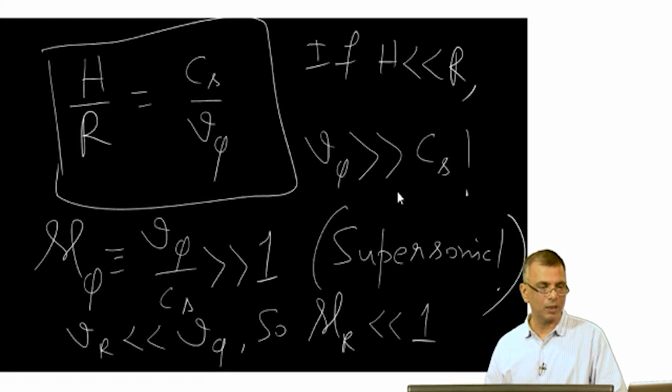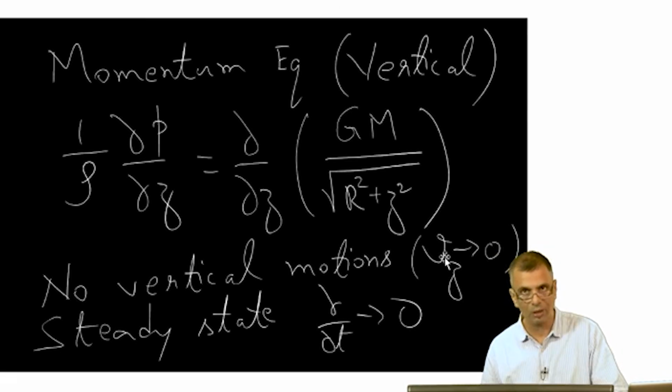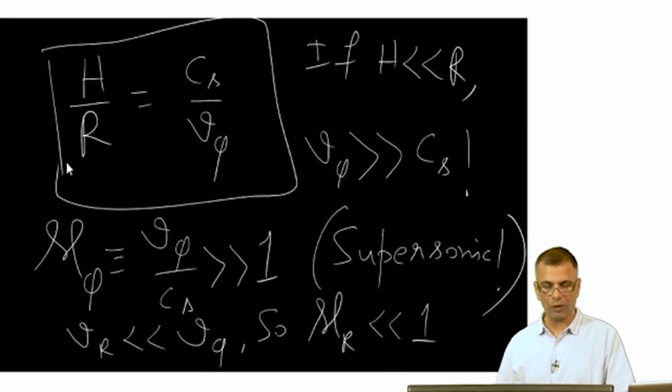Okay, all right. And of course, in writing this momentum equation, we have assumed that there are no vertical motions, so Vz is equal to 0. So this is one important part. What we've done is we have derived a very important result from the vertical component of the momentum equation.